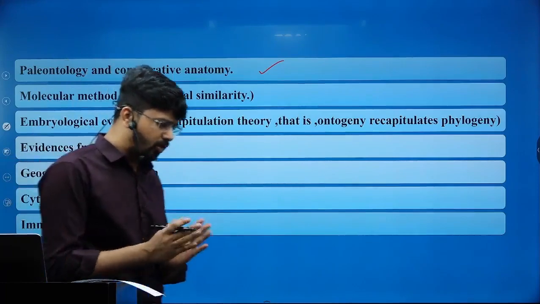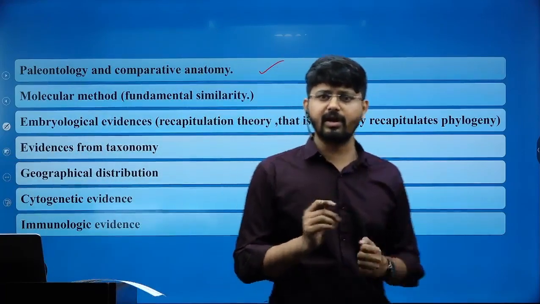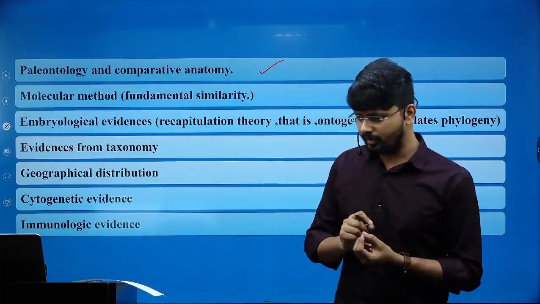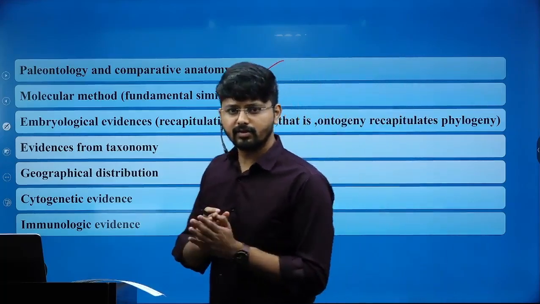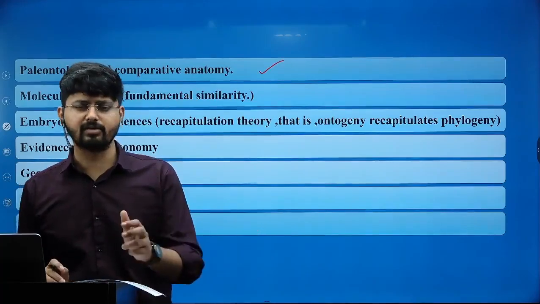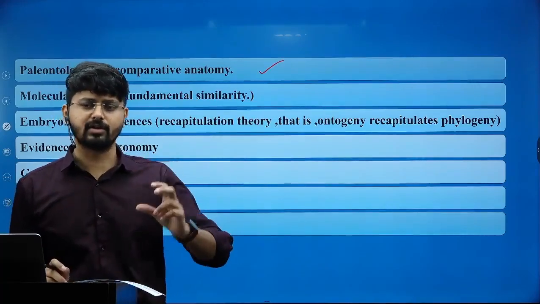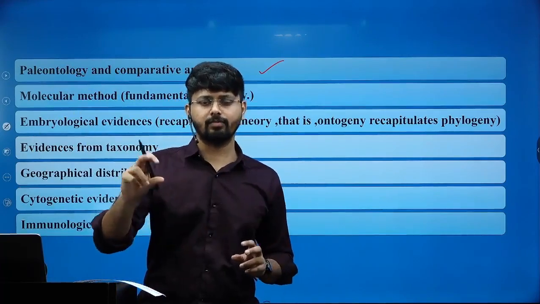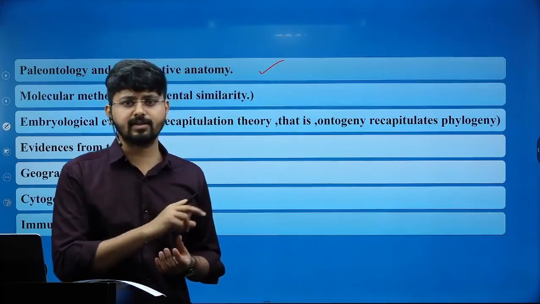When you see all the fossils, there are certain similarities among them with respect to various parts of the body, and they show certain changes going in one direction. Consider brain size: brain size has increased over time. You see the teeth size has decreased over time.